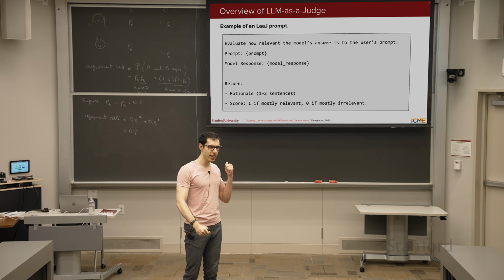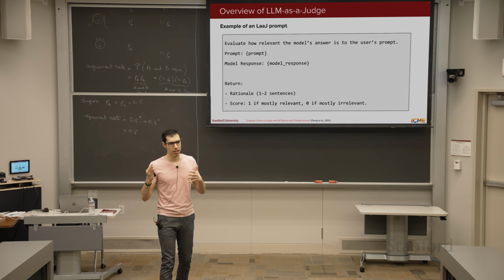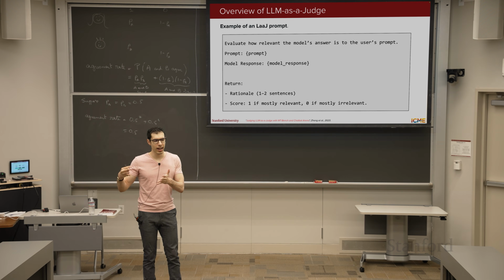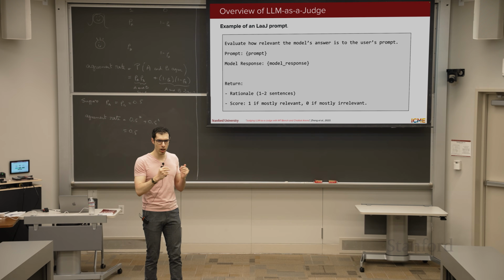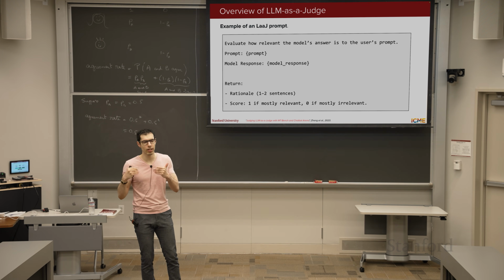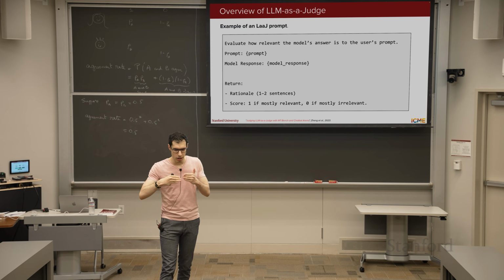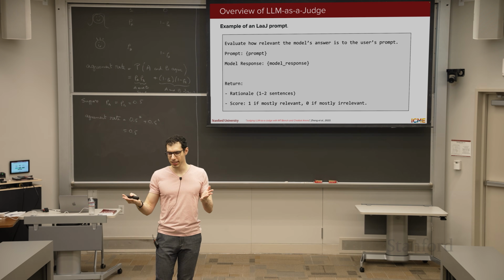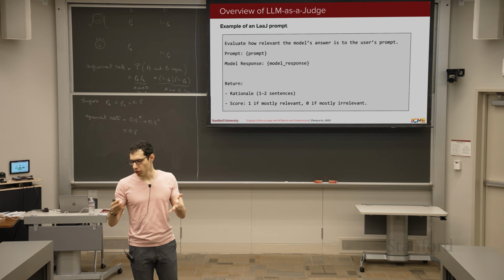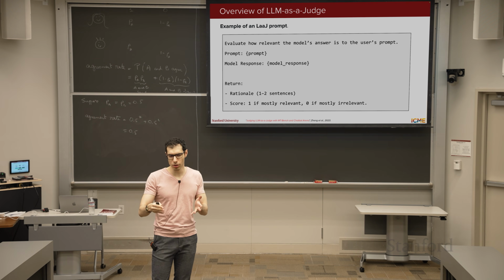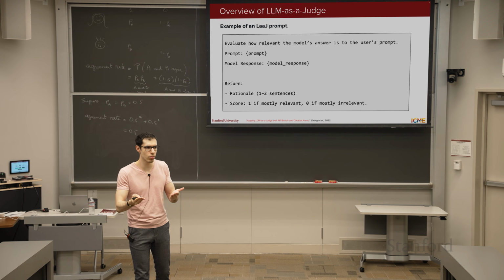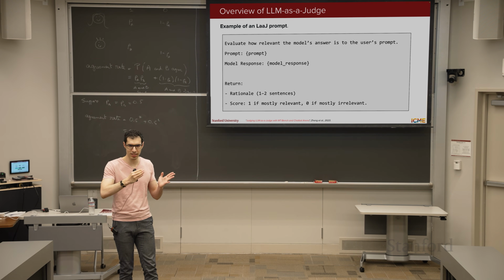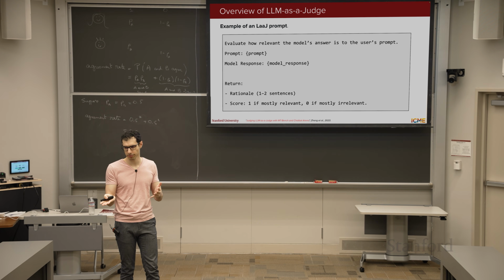So you can think of this trick as being on the same idea as reasoning models, in that it allows the model to externalize, verbalize its quote-unquote thought process before giving the score. So it gives it a chance to really figure out what is good or what is wrong in the model response.